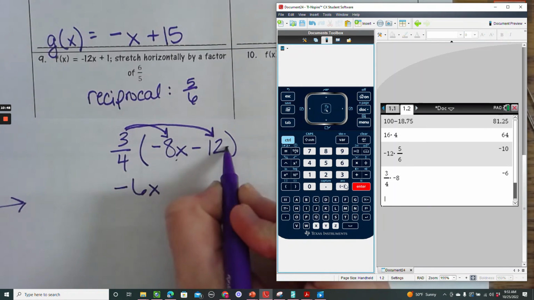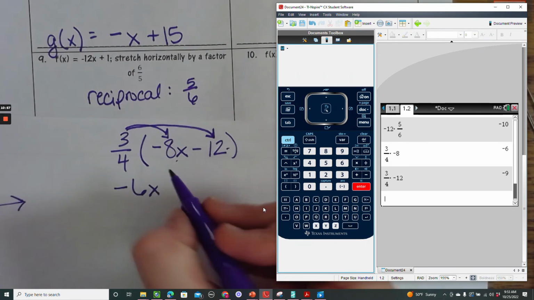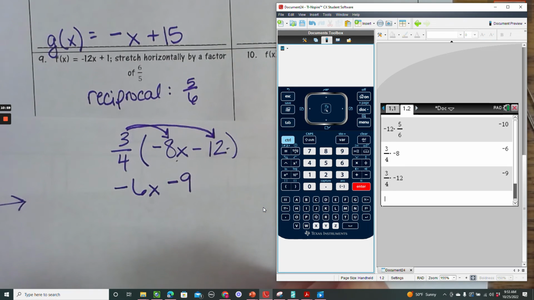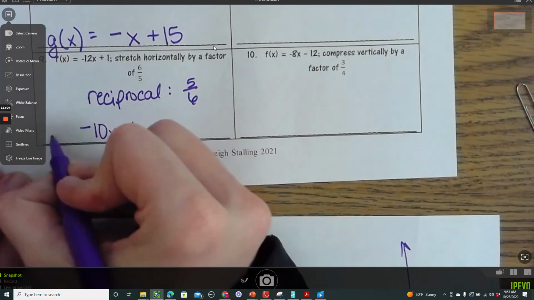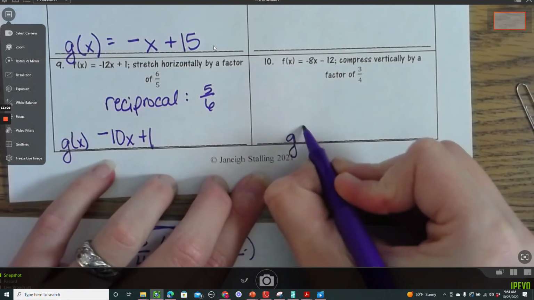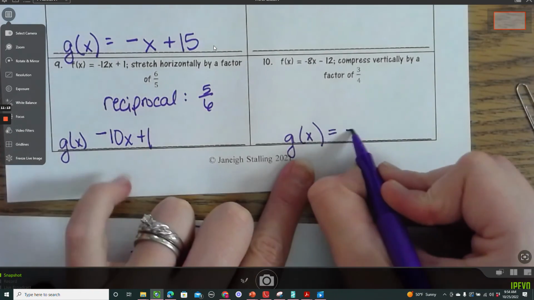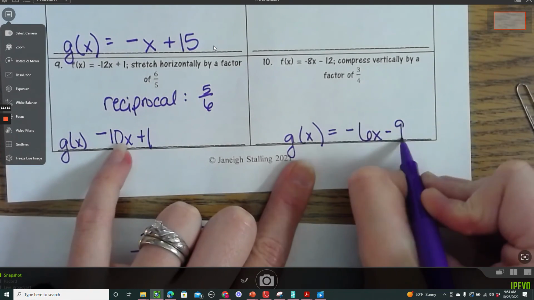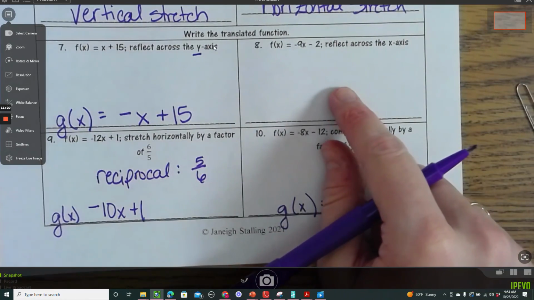Tack on the x, and then 3/4 times -12, and I get a -9. Sorry, this should have been g of x. This one should be g of x equals -6x minus 9.